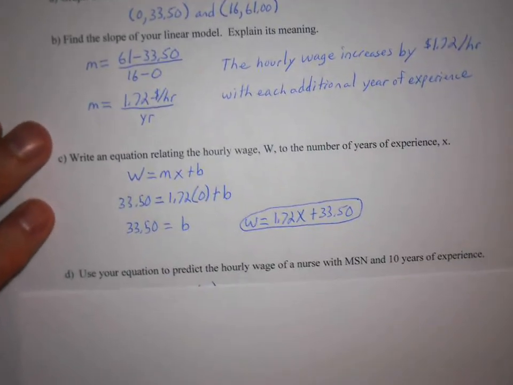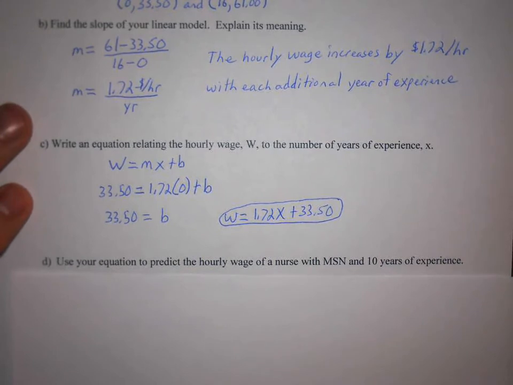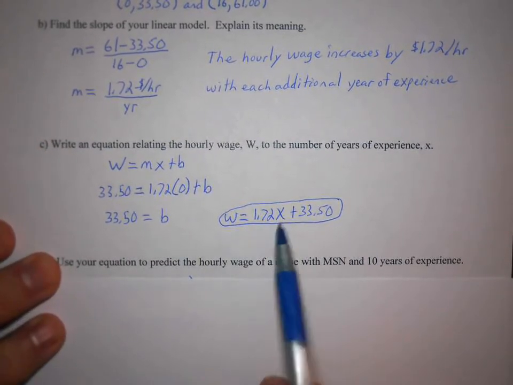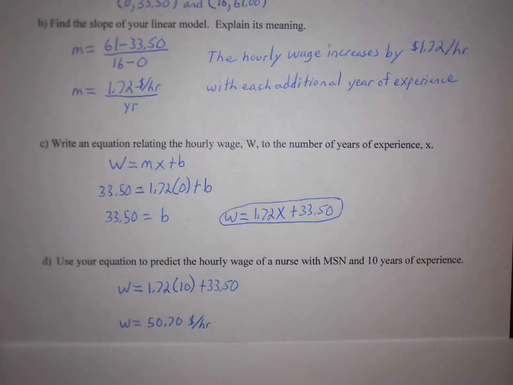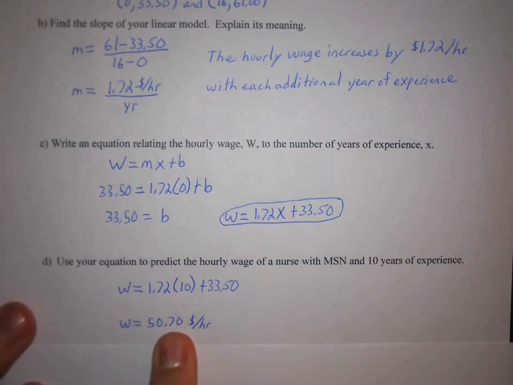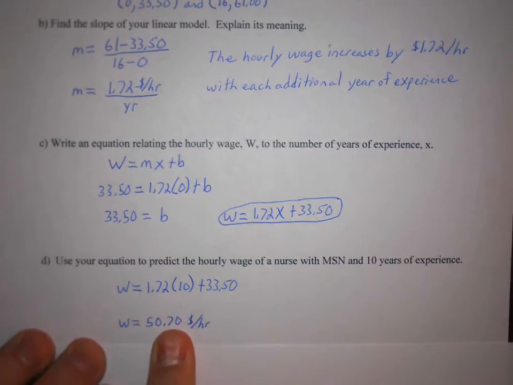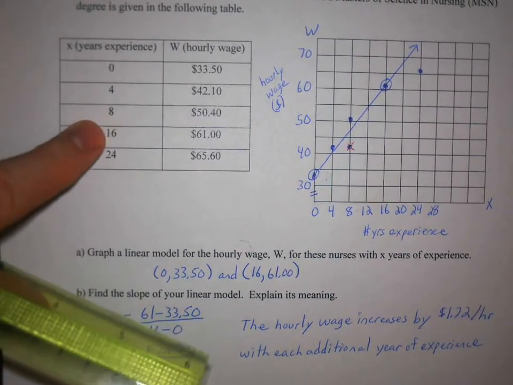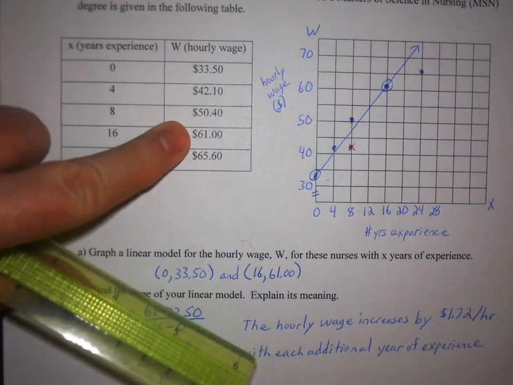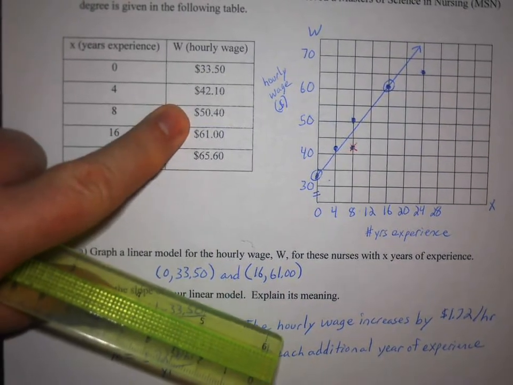Then in part D, use your equation to predict the hourly wage of a nurse with an MSN degree and 10 years of experience. That means x is 10, so you substitute 10 in place of x, and you get $50.70 per hour. What I do want to point out is people look at that and say, well, for 10 years of experience you would expect it to be between 8 and 16, and that is very close to 8 years of experience.